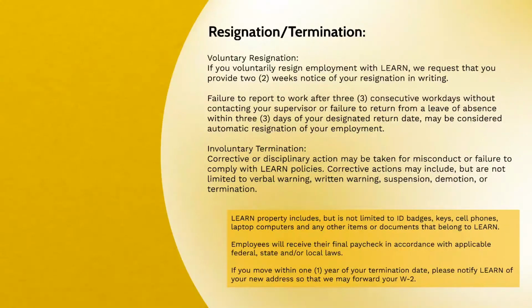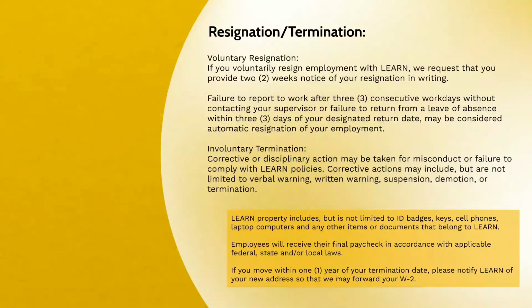Corrective or disciplinary actions may be taken for misconduct or failure to comply with LEARN policies. Corrective actions may include, but are not limited to, verbal warnings, written warnings, suspensions, demotions, or termination.